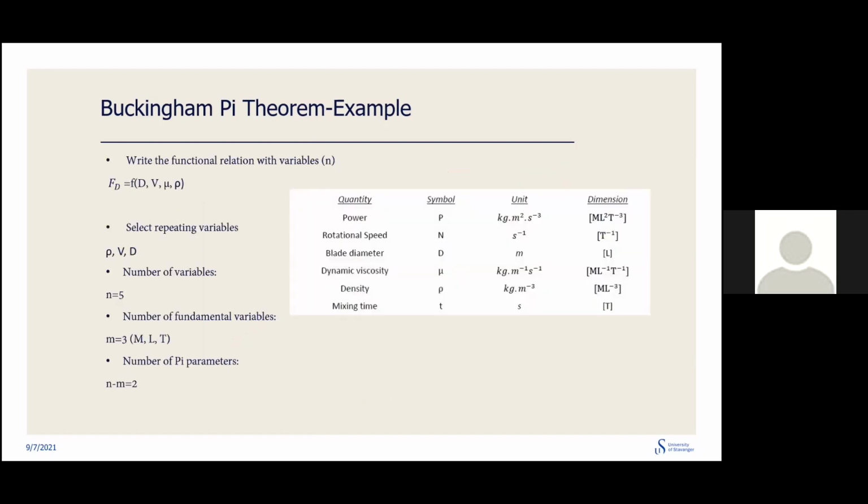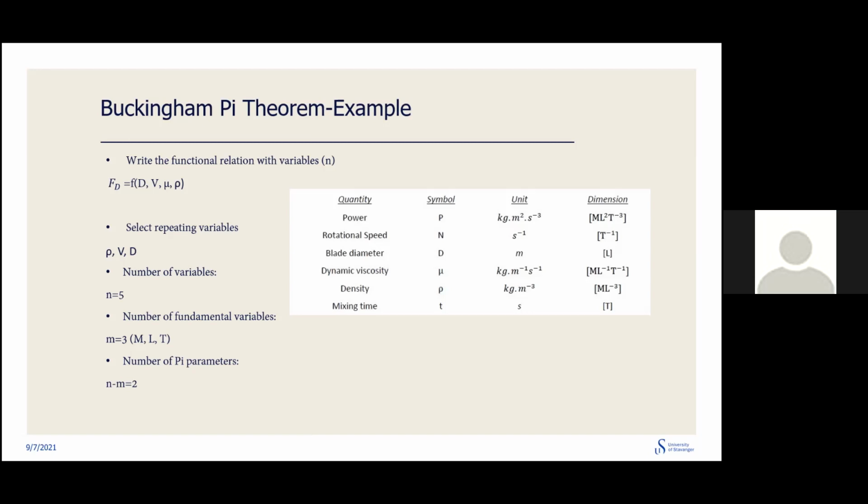So there is a step-by-step procedure in this theorem. First, you write the functional relation, which we did, okay? And then you select repeating variables. Among these variables, you shouldn't select the dependent variable, which here is drag force. You could choose 3 of any of these. So I choose rho, V, D. So we have 5 variables: 1, 2, 3, 4, 5. Then the number of fundamental variables.